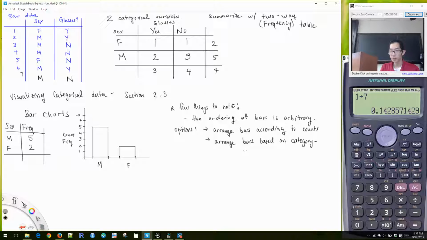Or maybe there is a natural ordering of categories, something like small, medium, large, extra large.